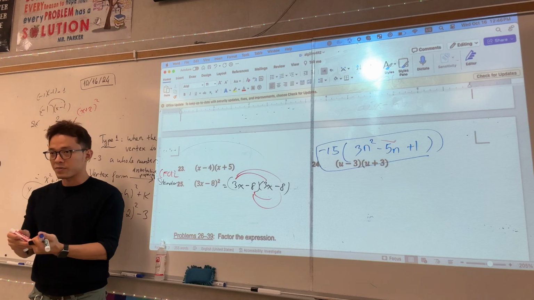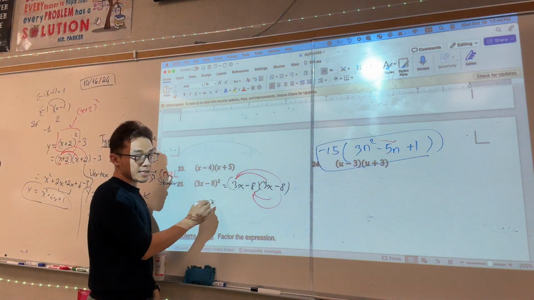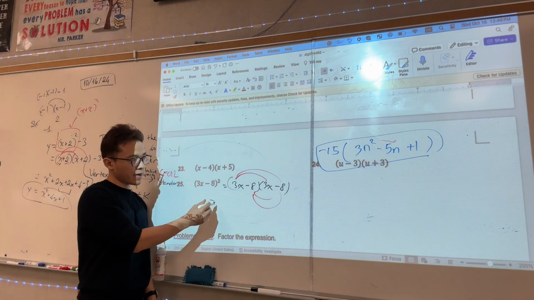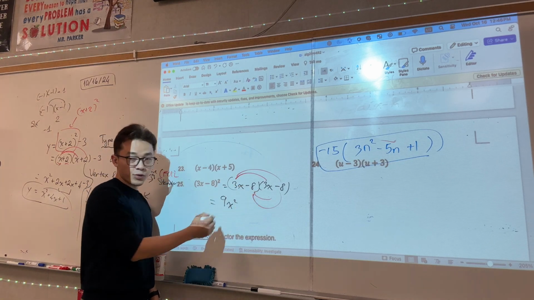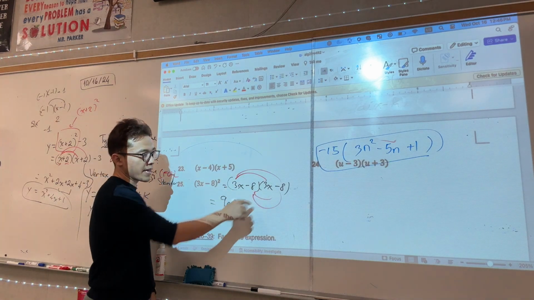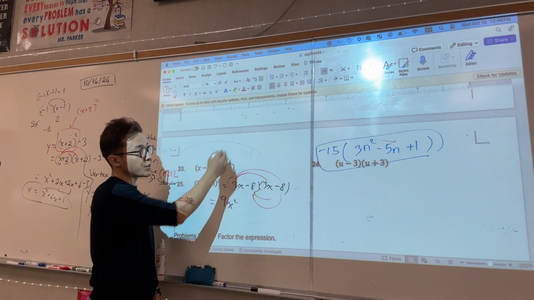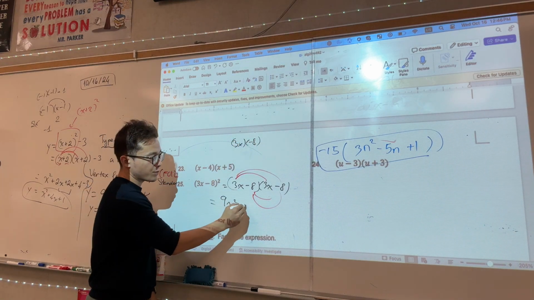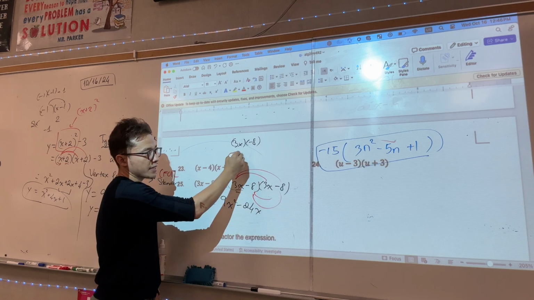Foil. What is foil? First, outer, inner, last. So tell me what you write. Leila, you want to try? 9x squared. Very good. 3x times 3x is 9x squared. Next, 3x times negative 8 is negative 24x, right? Now you're done with this, you move to the next one.